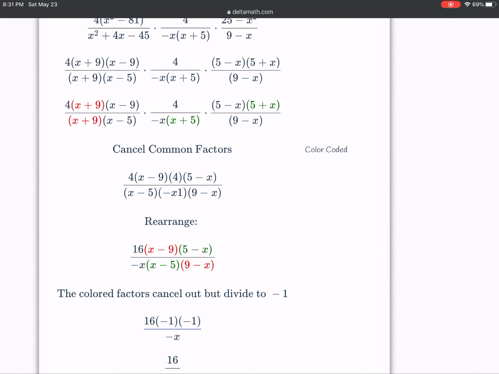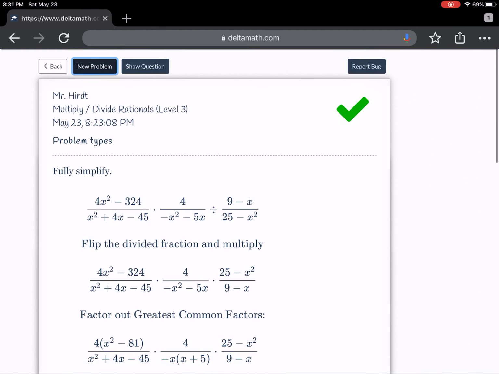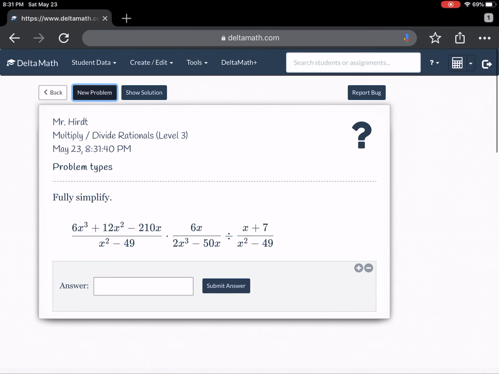I want you to factor on the side of your paper. I want you to take that time to really make sure that you're getting your factoring down, especially when that factoring is a multi-dimensional factoring problem. Okay, let's try this one out.